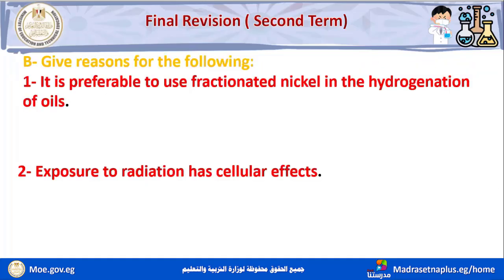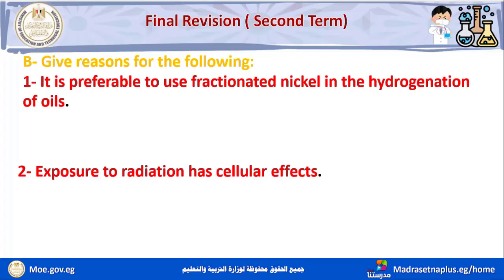Letter B, give reasons for the following. Number 1, it is preferable to use fractionated nickel in the hydrogenation of oils.